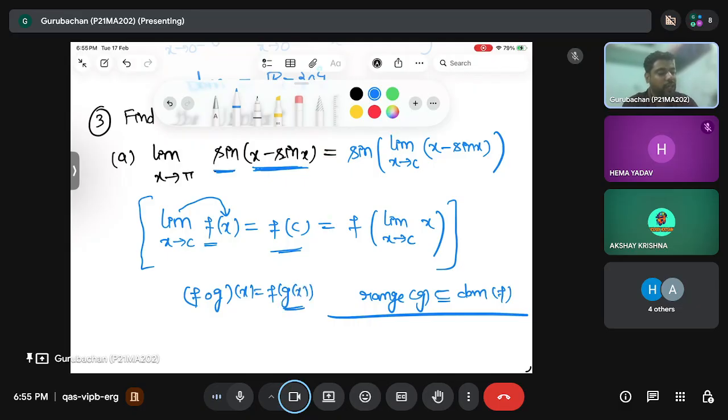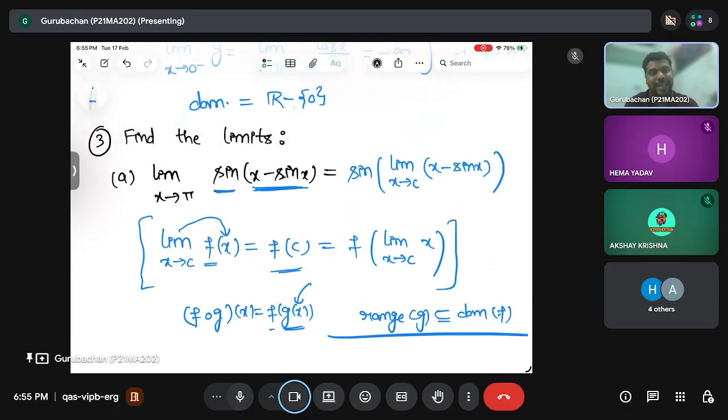First g of x must be calculated, then it must be in the domain of f. Yes. So since the sine function has its domain whole real numbers, this is a valid point.